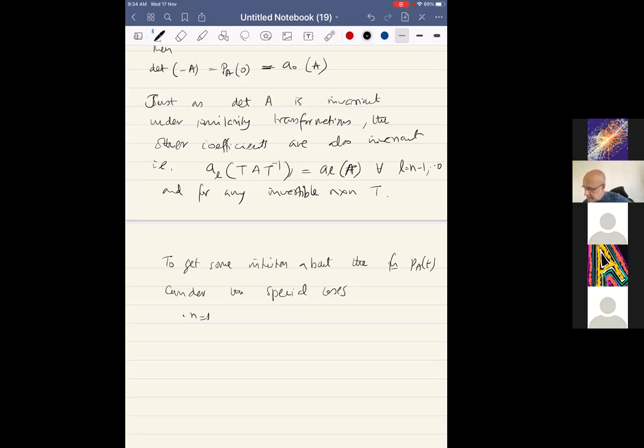Then p_A(t) equals, so A is a 1 by 1 matrix.